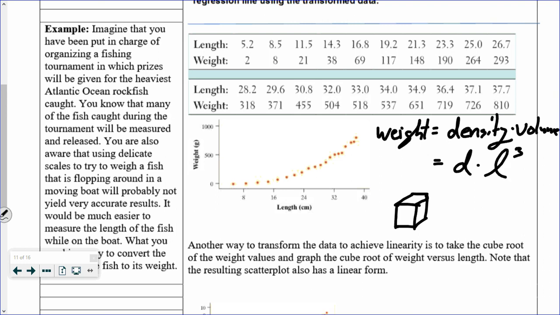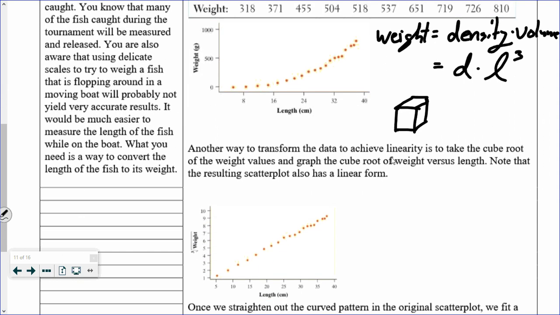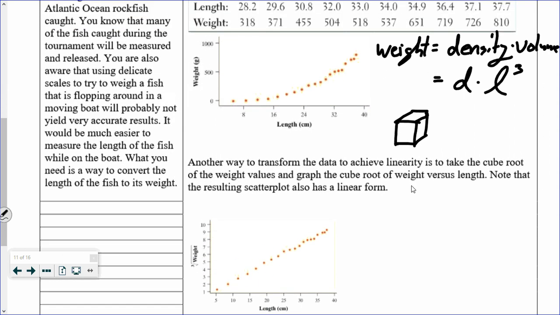Obviously that's wrong, but it will help us to make this linear. What we could end up doing is taking a cube root of the weights. That is taking a cube root of d l cubed. If you take a cube root of d l cubed, you're going to have the cube root of d. D is a constant. Fish densities are constant. Don't ask me what it is. And that length will become just a regular old L.